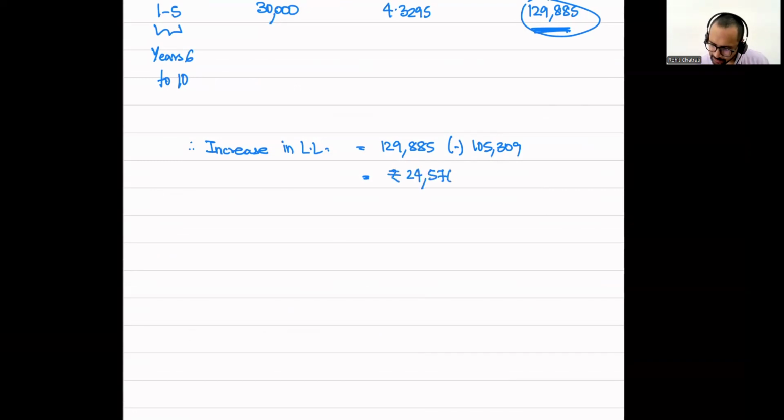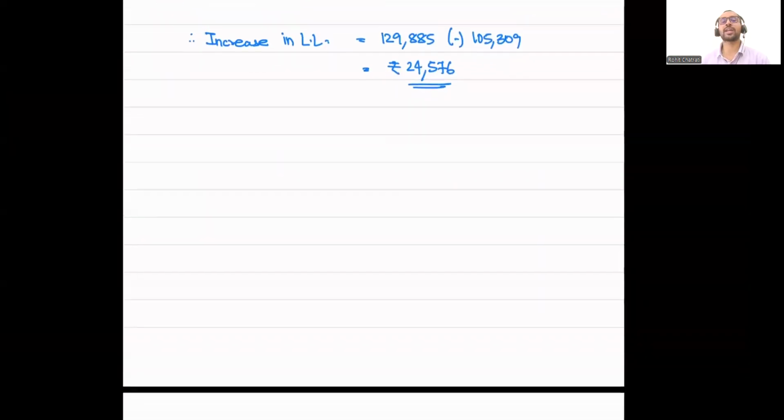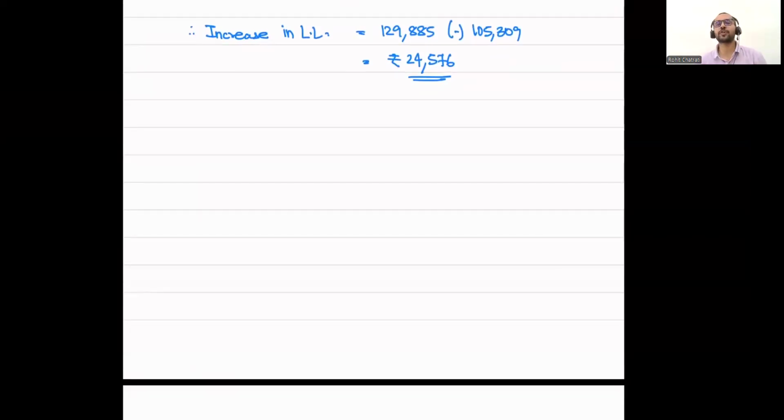So I have to increase my lease liability by 24,576. Correspondingly, I will also increase my right of use asset by the same value. The journal entry for this will be ROU asset debit of 24,576 and credit lease liability by 24,576. So I'm increasing my ROU and increasing my lease liability.